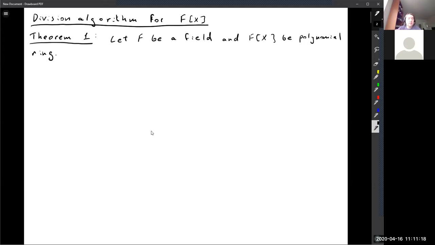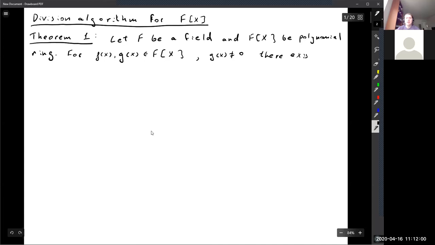And then for a pair of polynomials f of x, g of x, which belong to F of x, such that g of x is non-zero, there exists a unique pair of polynomials q of x and r of x.